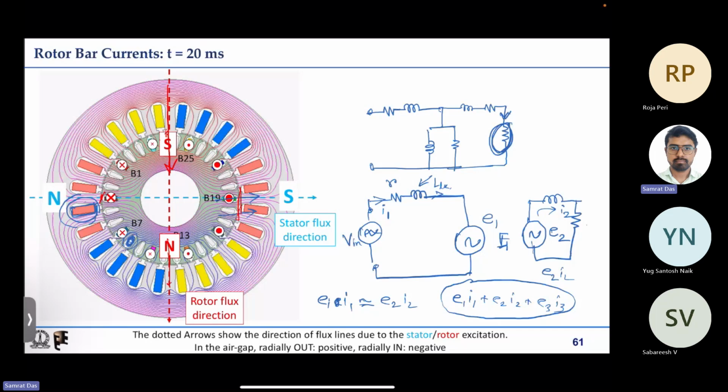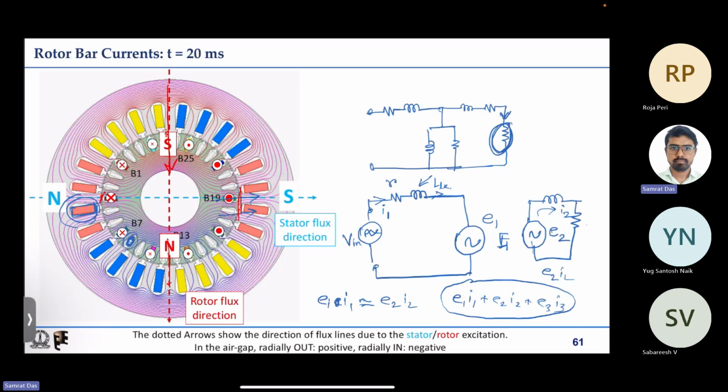This induced EMF is typically a fraction of the induced EMF in the stator because of the slip. So the induced EMF in the rotor is slip times the induced EMF in the stator, and slip is typically very low.